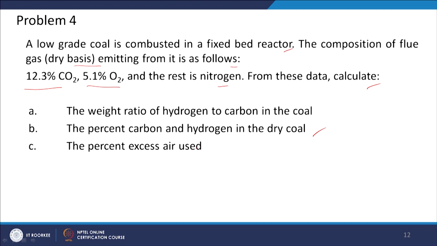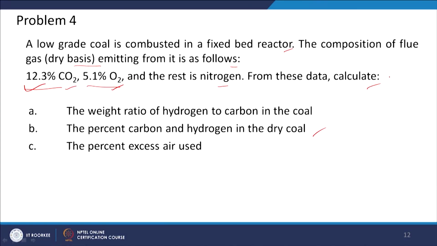So, here the flue gas composition is given. What happens in case of combustion, the steam is produced and which is also available with the flue gas. So, that flue gas after cooling, the moisture is removed, that is present in dry phase. So, the dry basis composition is given here, basically CO2 and oxygen and the rest is nitrogen.